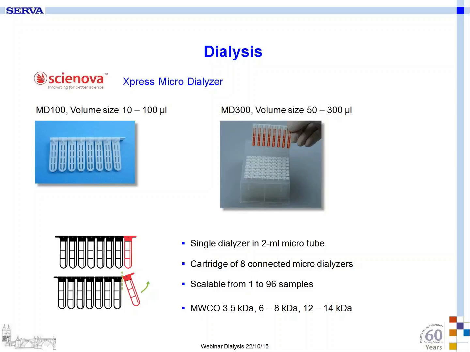You can also break away one single segment of the cartridge. So even if you use the cartridges, if you only need a single dialyzer, you can just break one away and make your single dialysis steps. And they are available in molecular weight cutoffs of 3.5 kilodalton, 6 to 8, and 12 to 14 kilodalton.